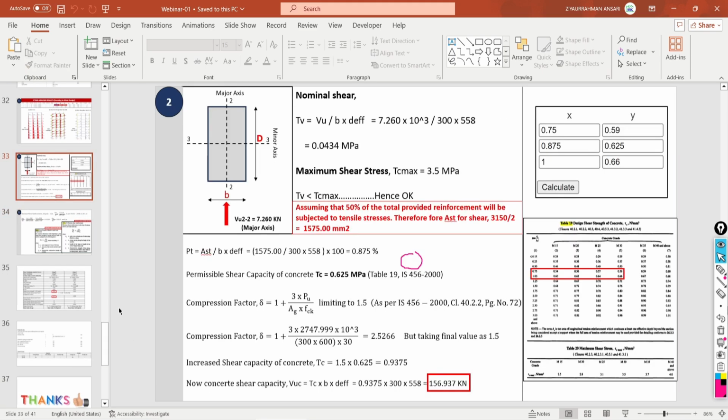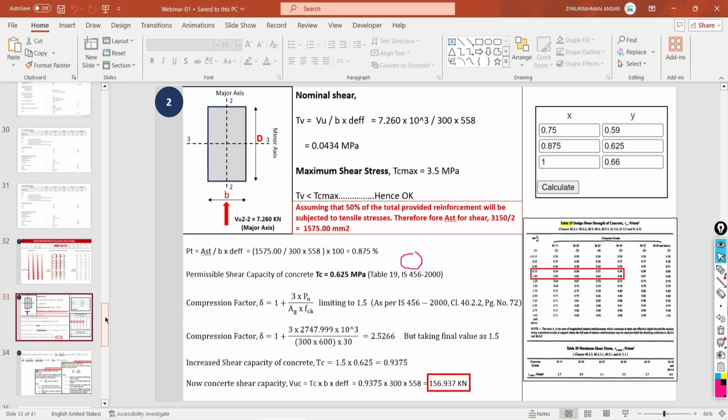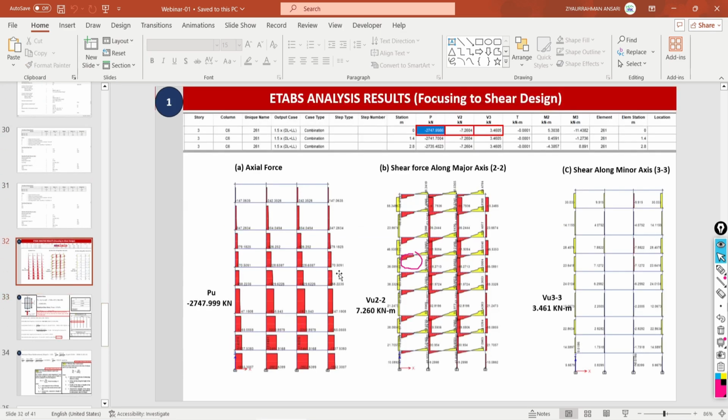So this is all about today's topic which we had planned to discuss. I have concluded all the topics. The conclusion is that the flexural design given by your RCDC software is similar to that of your manual calculation. If you follow the proper guidelines of your IS code with all calculations, you will end up with a right calculation.